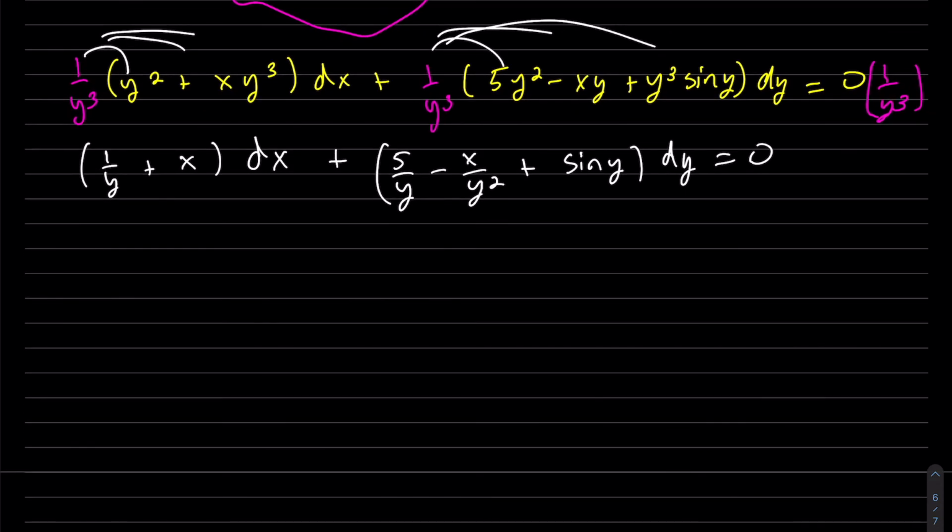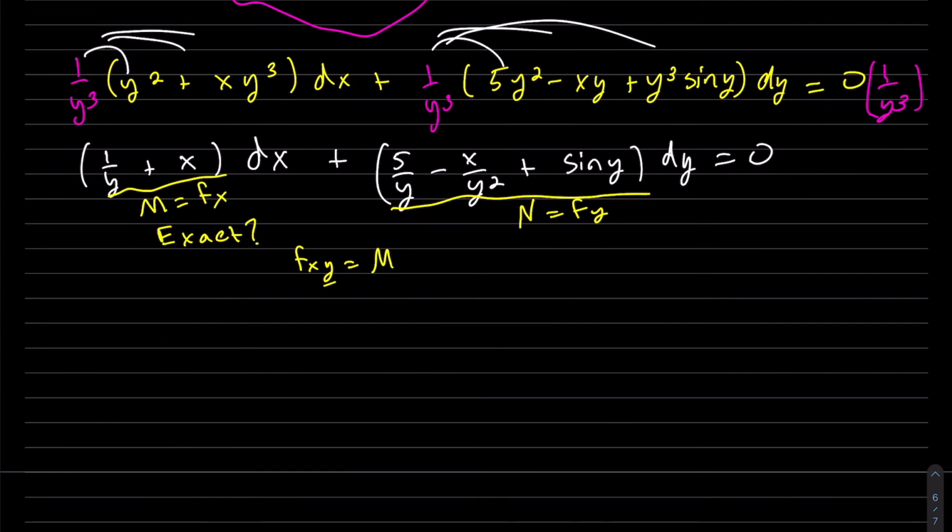So now let's check for exact. So this is our new m equals f of x. This is our new n equals f of y. So this will be f of xy, which is actually m. We added the y at the end, my.